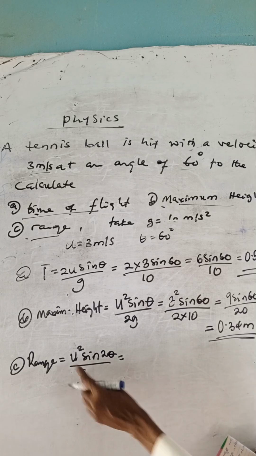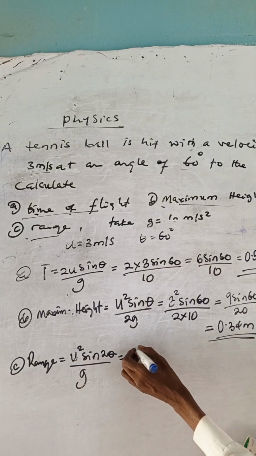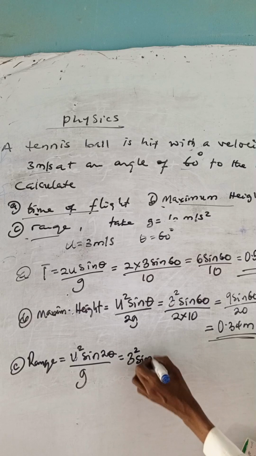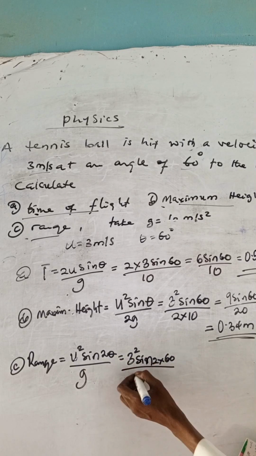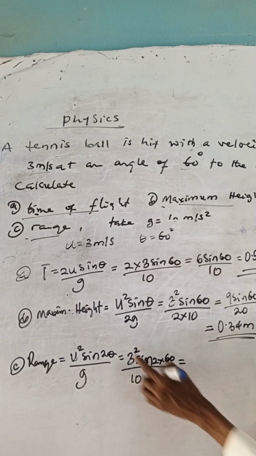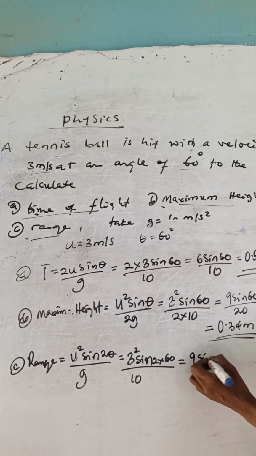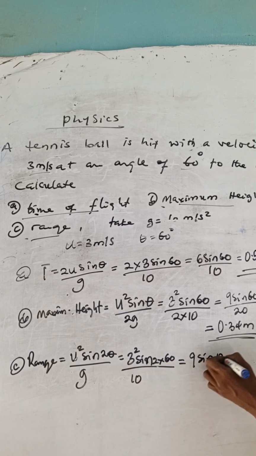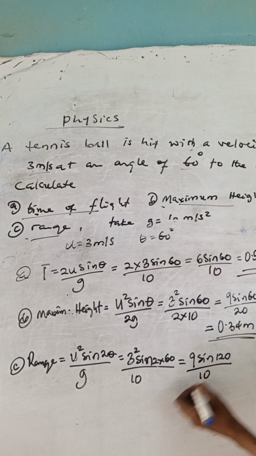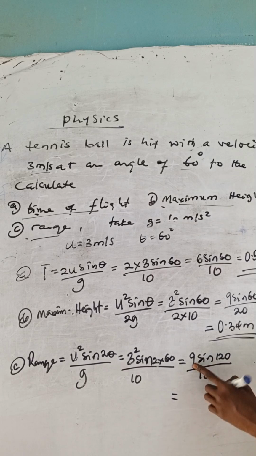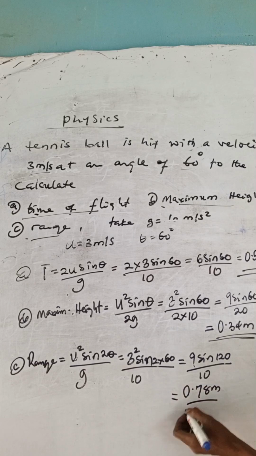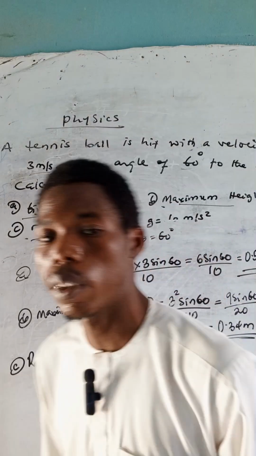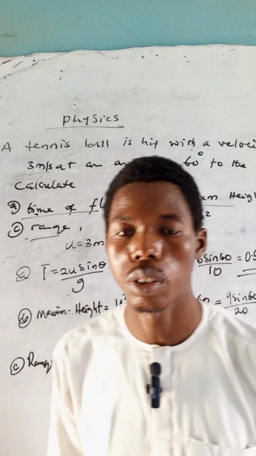Upon substitution, u is 3 squared, sine 2 theta, where theta is 60, divided by g which is 10, which is equal to 3 squared is 9, sine 2 multiplied by 60 is 120, divided by 10, which is equal to 9 sine 120 divided by 10, will give 0.78 meters. So this is how to calculate time of flight, maximum height and horizontal range of a projectile.